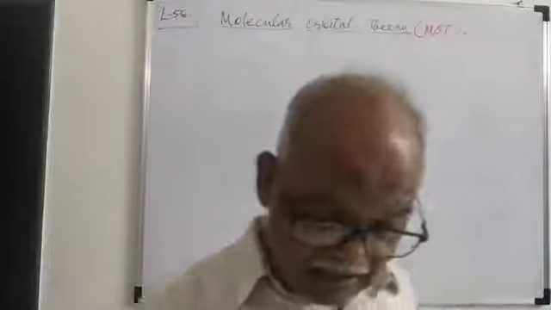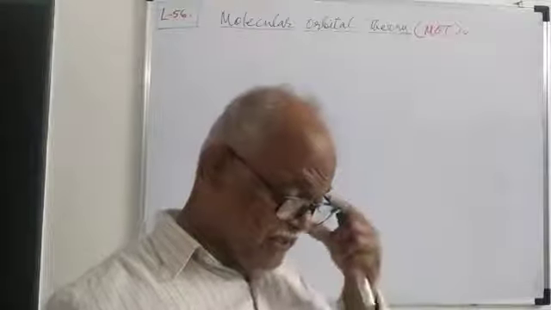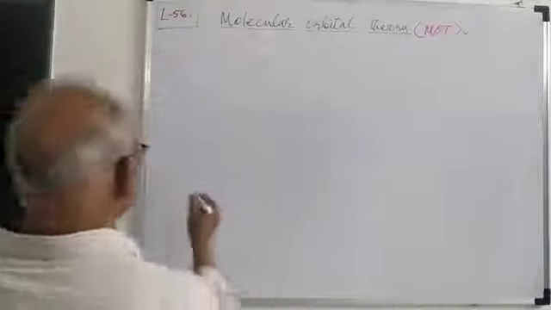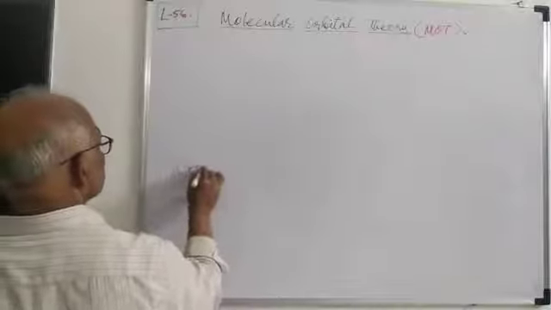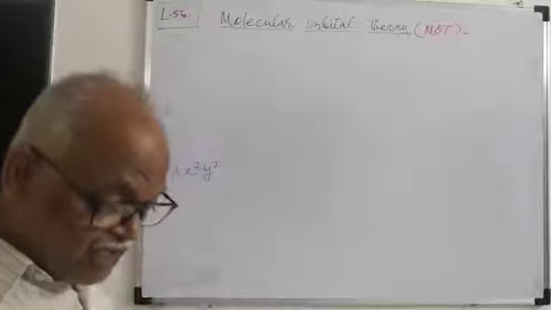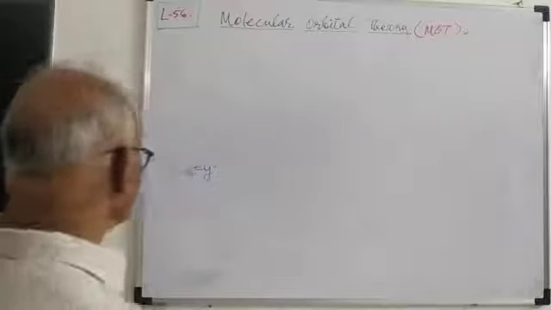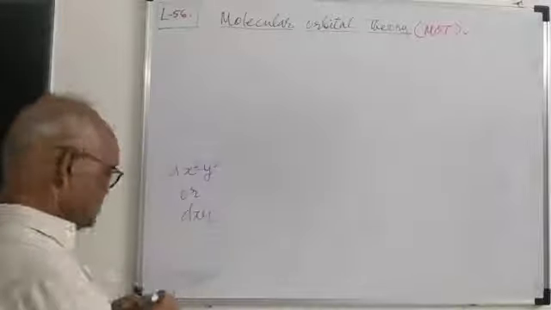Now we will see the next type, that is delta type of molecular orbitals, which are produced from the dx2 minus y2 orbitals, or we can use the dxy orbitals.